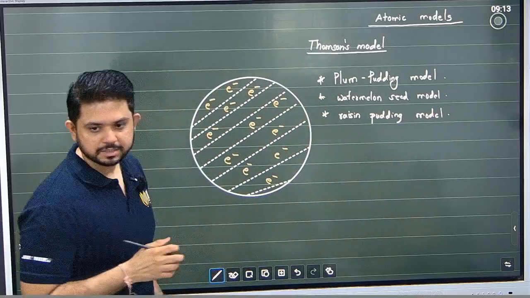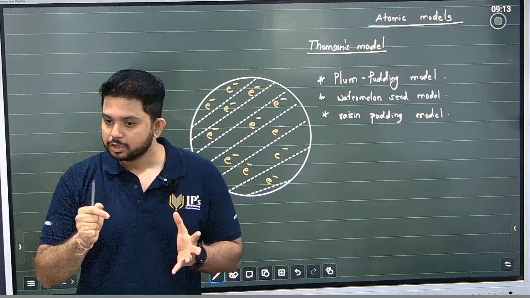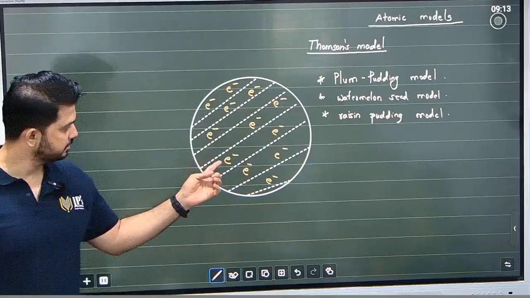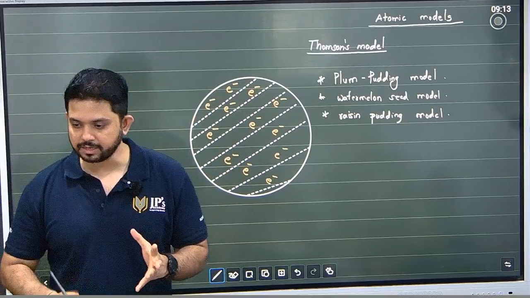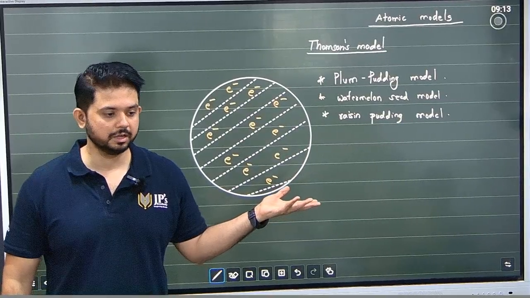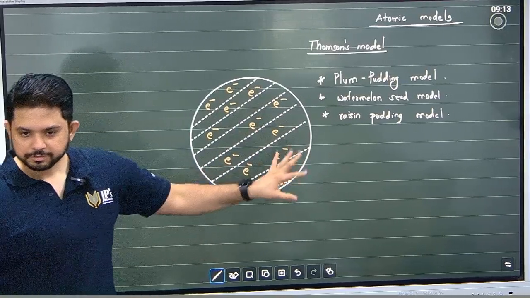So imagine a spherical watermelon, उसके अंदर seeds हैं, those seeds are your electrons, and everything present inside is like the positively charged, positive charge uniformly distributed. Did you get the first model?